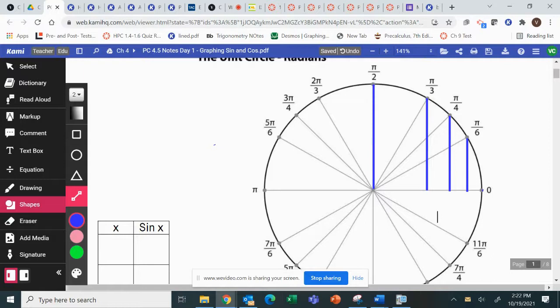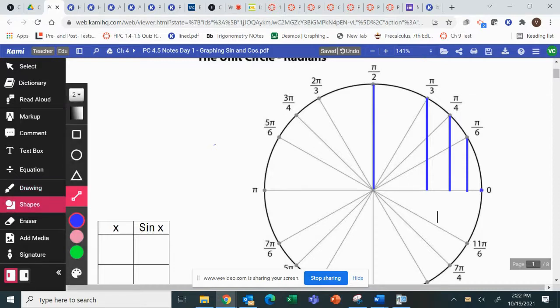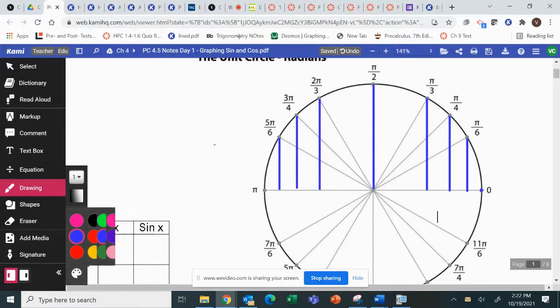So we can see that our y value is increasing. And then it gets to pi over 2 and it's 1. But then at 2 pi over 3, what happens to the y value? Yeah, it starts going down and then down and then downer, and eventually at pi we go all the way back down to 0.